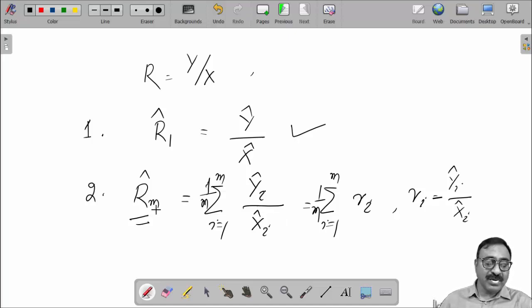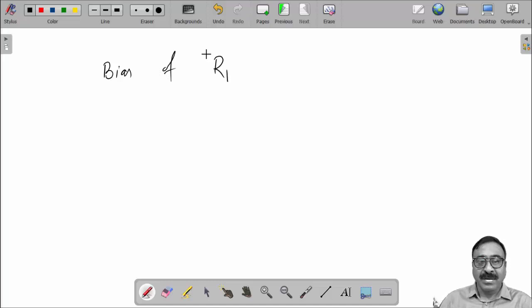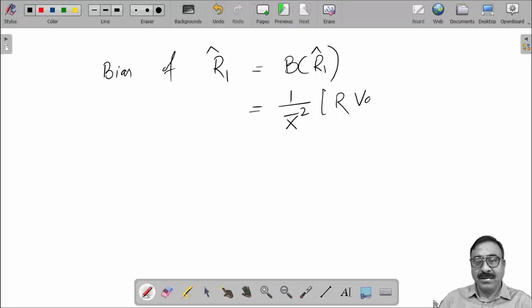So according to the sample size in each of the subsamples, when subsamples are large, we have bias of R1 cap equal to 1 by X bar square into variance of x estimate times R minus covariance of y estimate, x estimate.